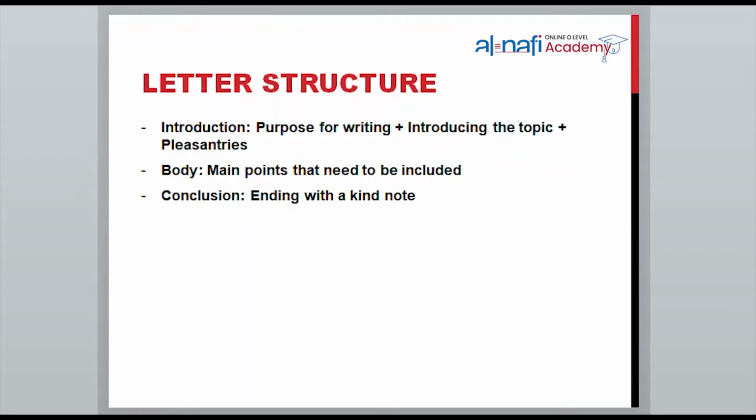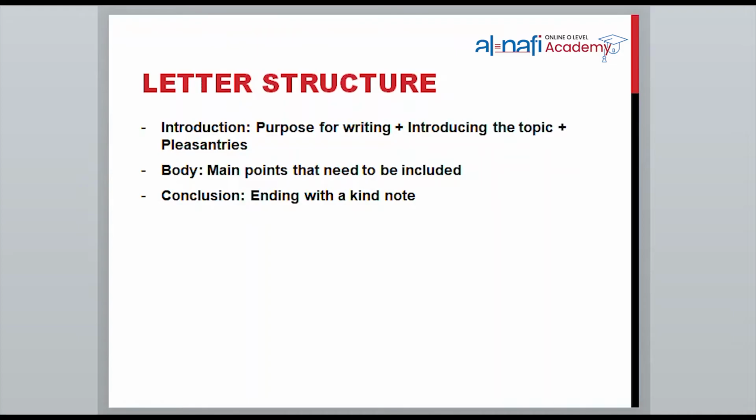An informal letter, on the other hand, is addressed to a relative or a friend or a close companion. Both of these letters have different conditions. You have certain stylistic conditions for the formal letter and certain stylistic conditions for the informal letter, and we will go through that momentarily.